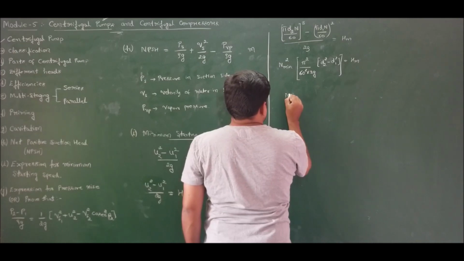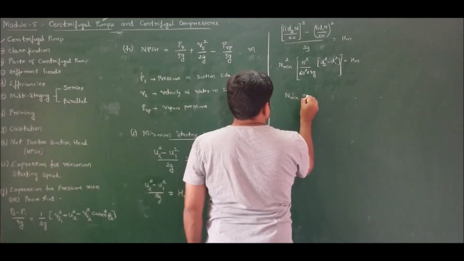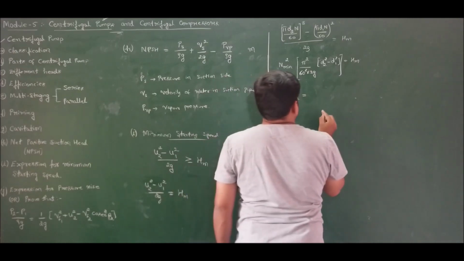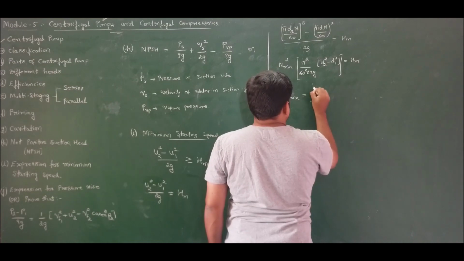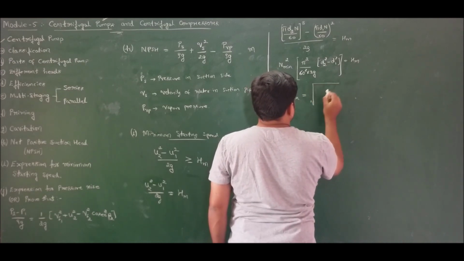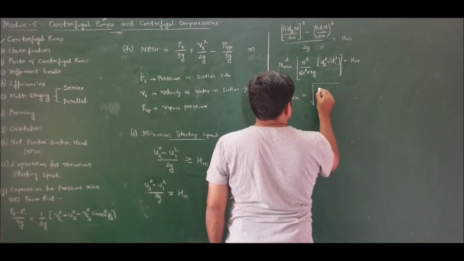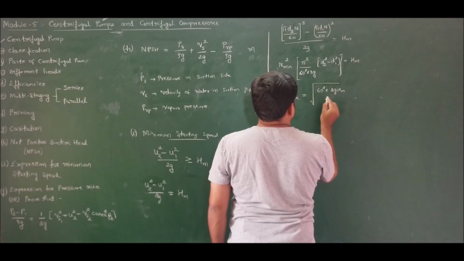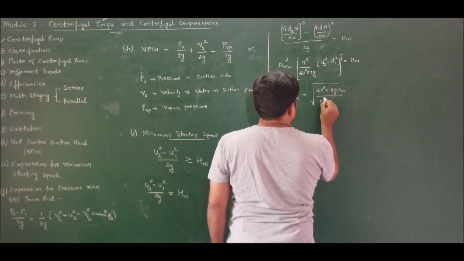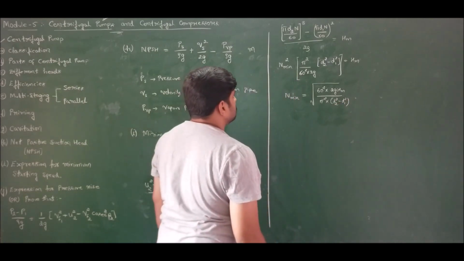So therefore, N minimum will be the square root of 60 square into Hm divided by pi square into d2 square minus d1 square.